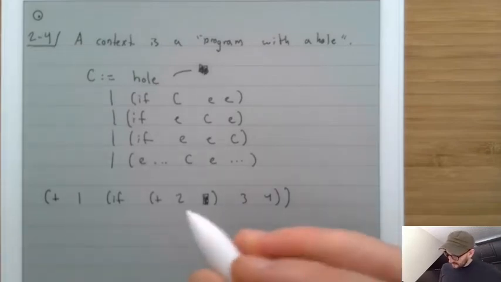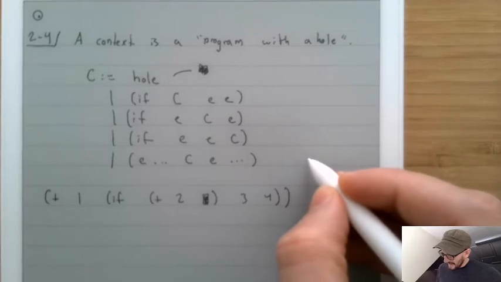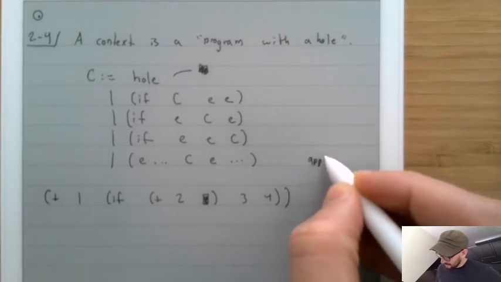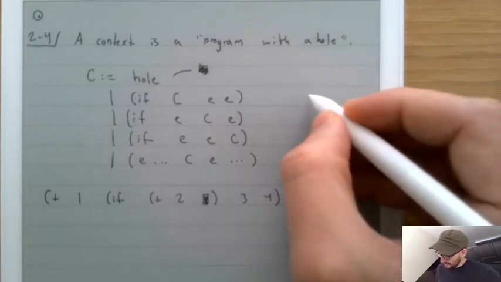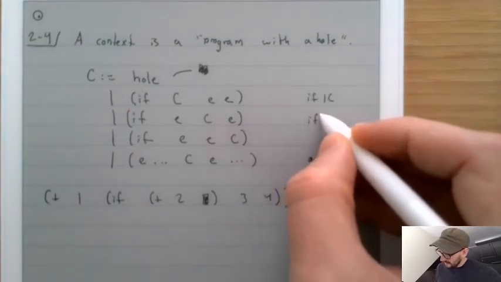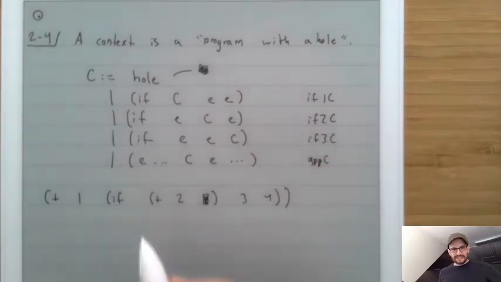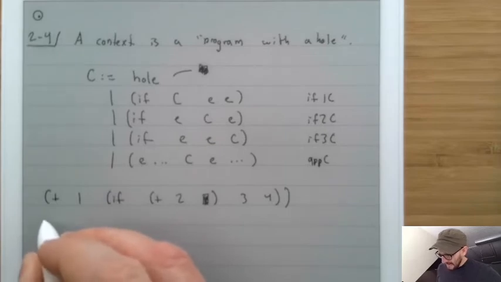Well, let's call this an AppC for an application context. This one will be an if 1C, an if 2C, and an if 3C. So what is this thing right here?